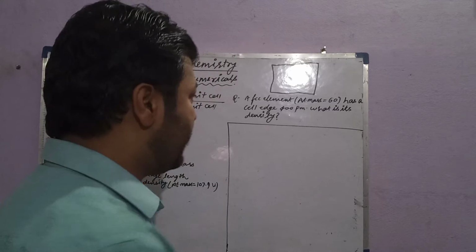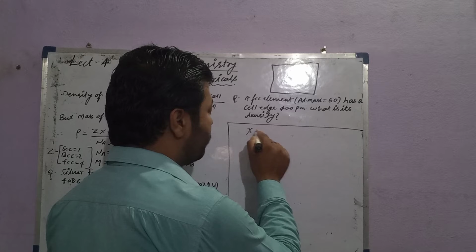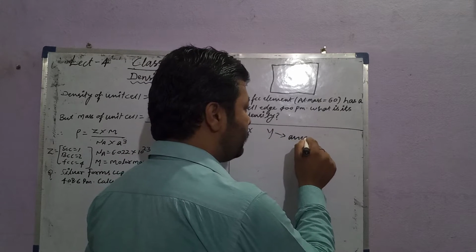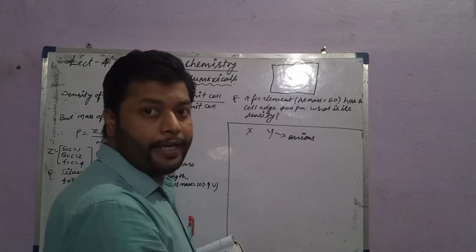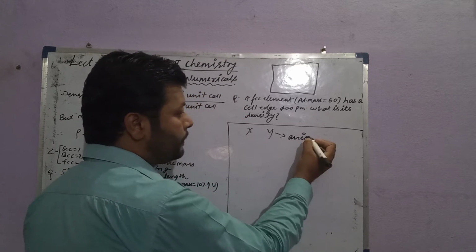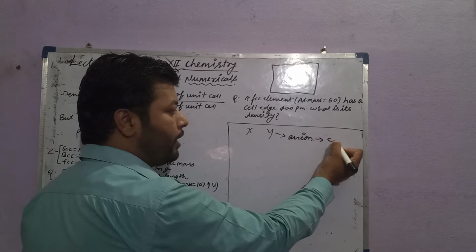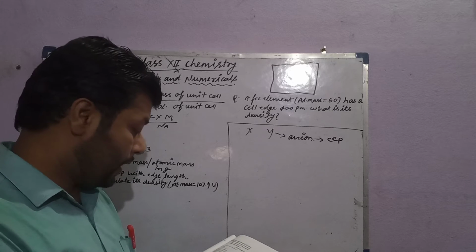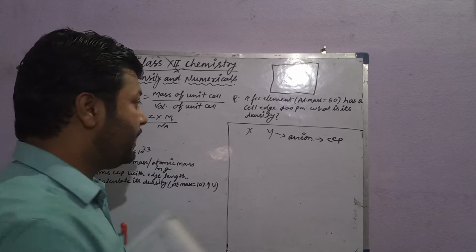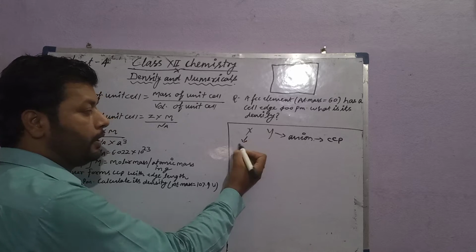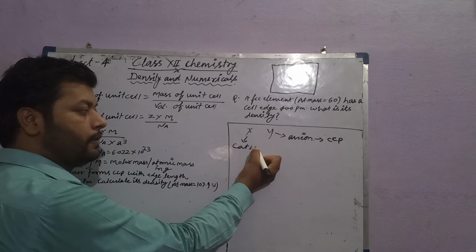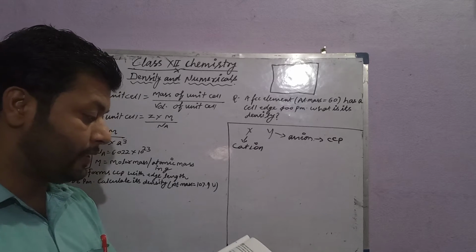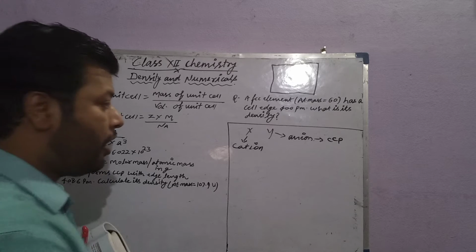So there are two elements X and Y. Y, which is an anion, forms CCP, and X, which is a cation, occupies all octahedral voids.